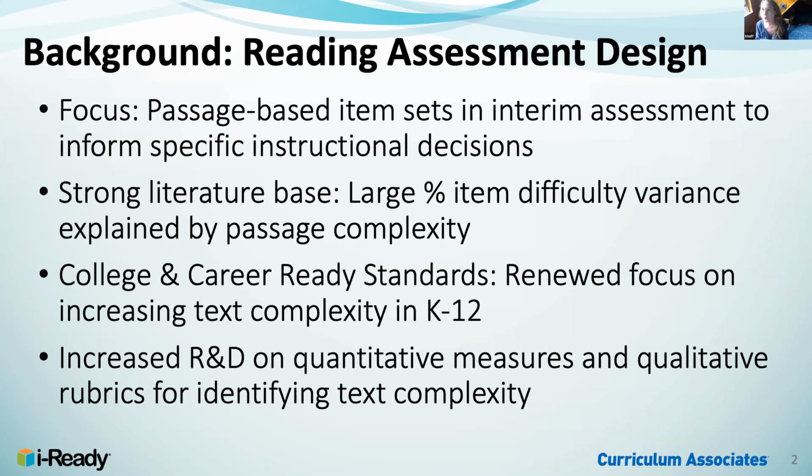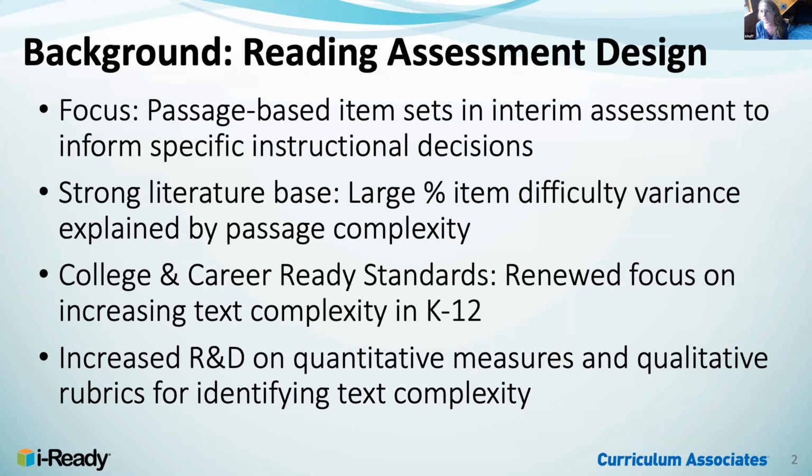About 10 years ago, when the Common Core standards came out, or if that term is not legal in your state, college and career ready standards came out, there was a renewed focus on increasing text complexity in elementary, middle, and high school.